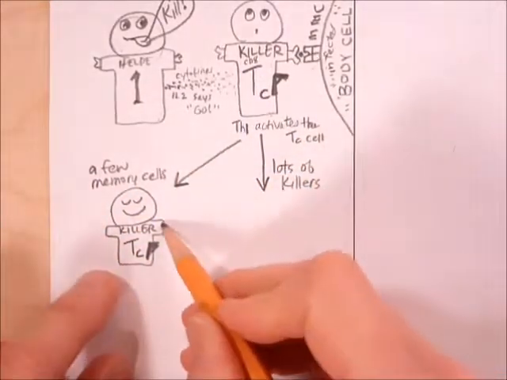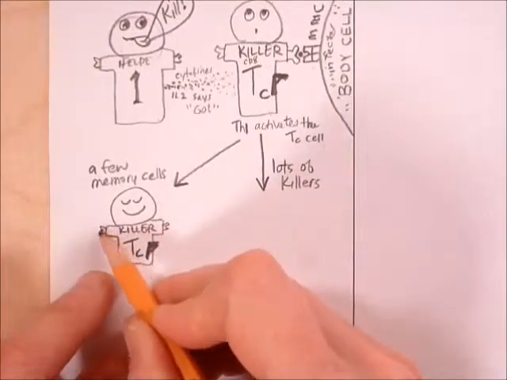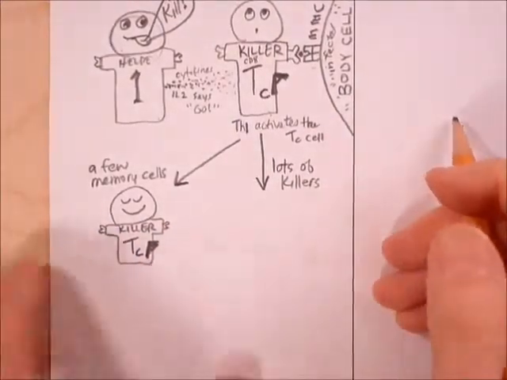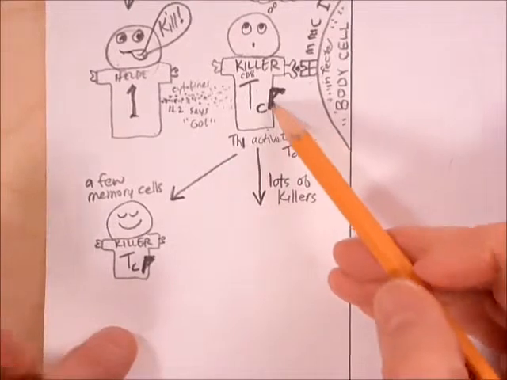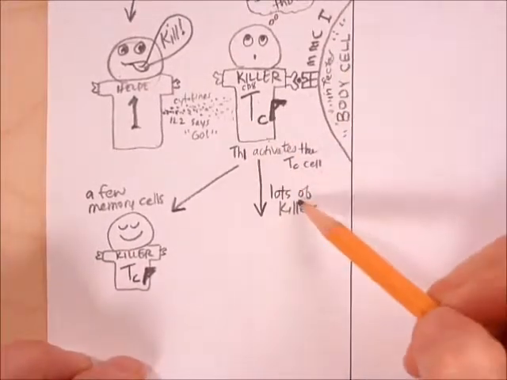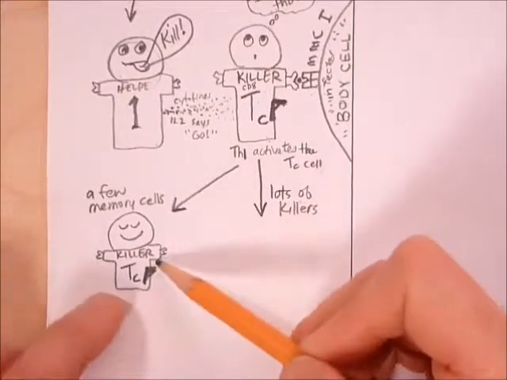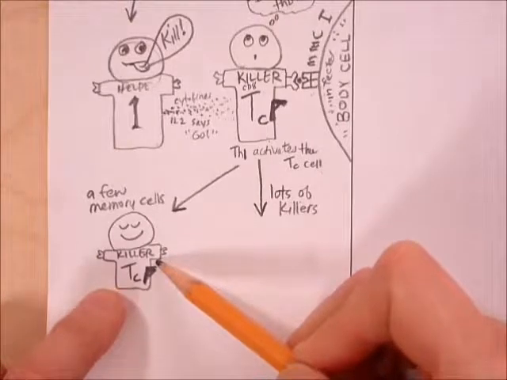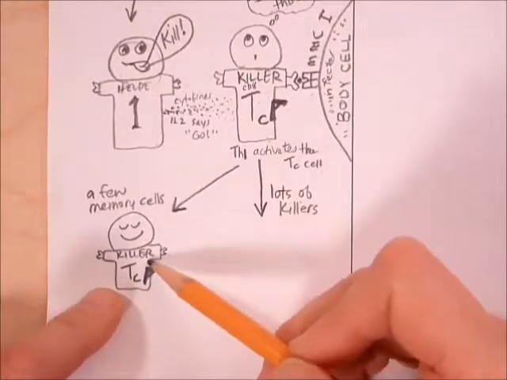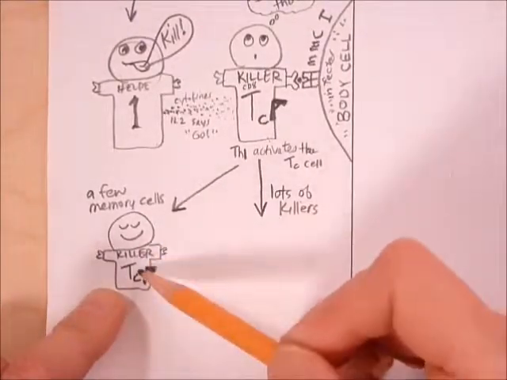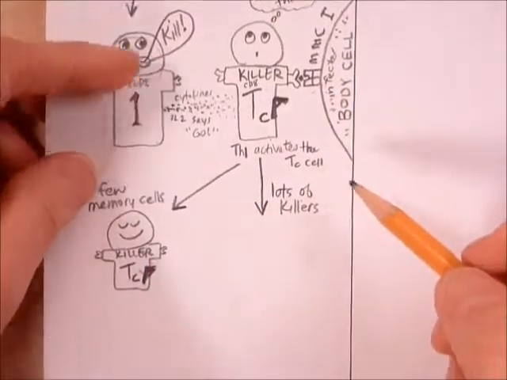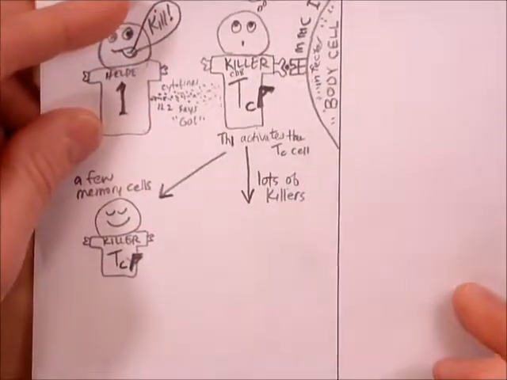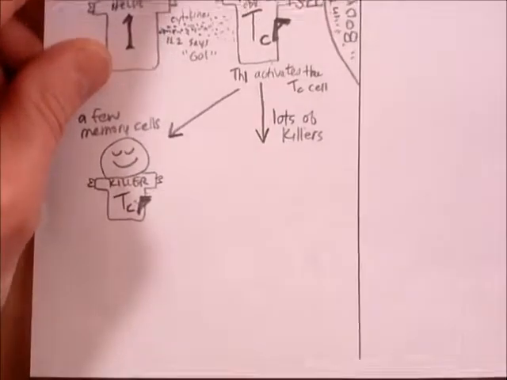He's got his receptors there. The T cell will make a lot of killers. However, a few of the killers are going to be inactive. They're going to go to sleep and they're going to remember. So the next time this happens, they're ready to go. So I'll make a few memories, but most of them are going to be killers.